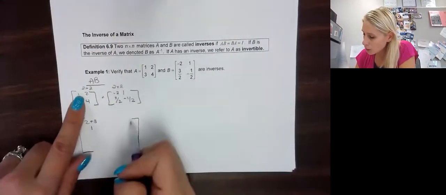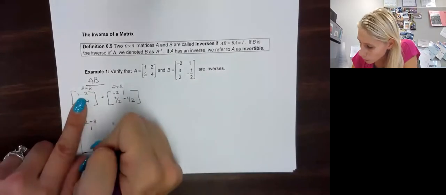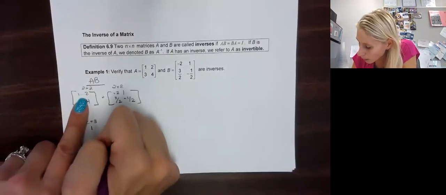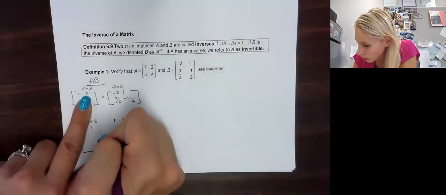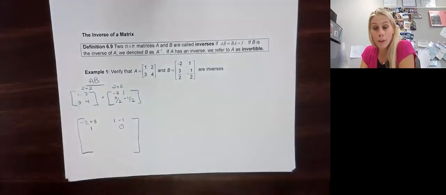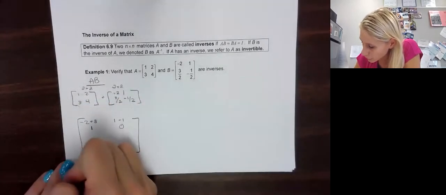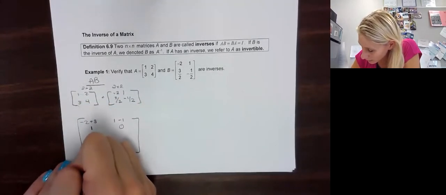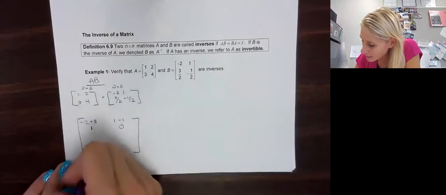Now let's do this element right here. So row 1, column 2. So 1 times 1 is 1. 2 times negative 1/2 is negative 1. When we add these two together, we get 0. Looks like so far so good. Okay, let's do 3 times negative 2 is negative 6. 4 times 3 halves is 6.